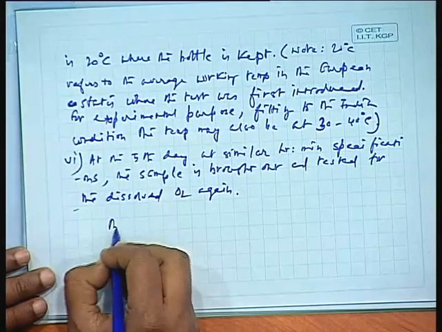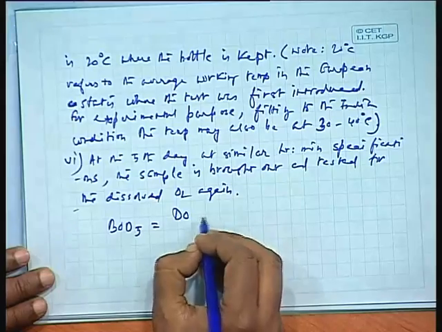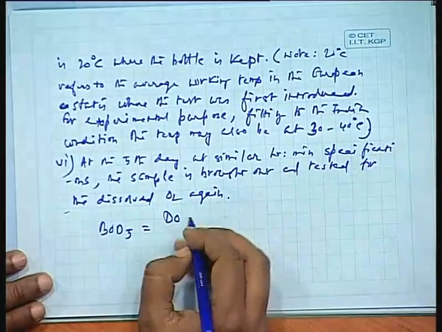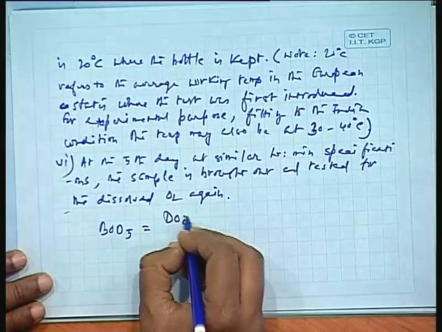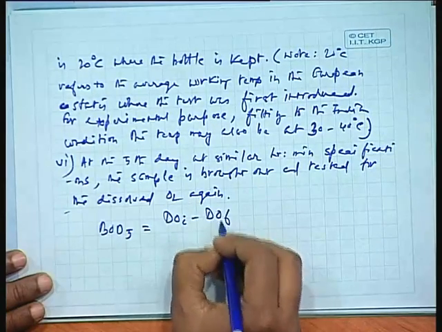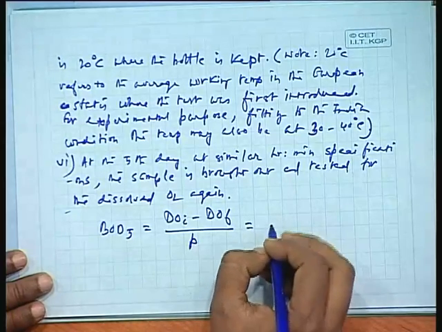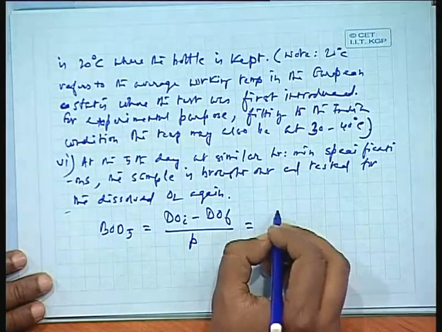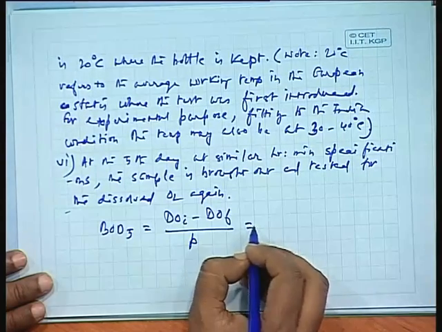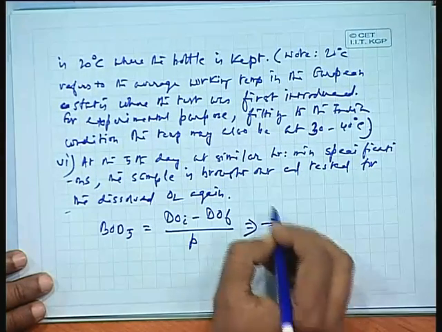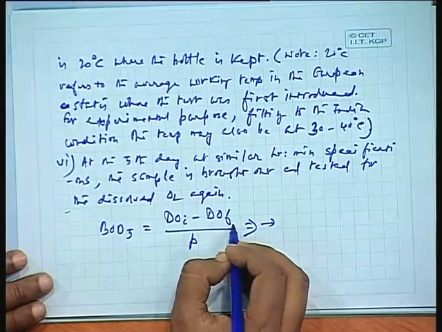So, this BOD 5 would be the initial dissolved oxygen minus the final dissolved oxygen, divided by P. This P is known as the dilution factor, or the mixing ratio. DOI is DO initial, DOF is DO final.